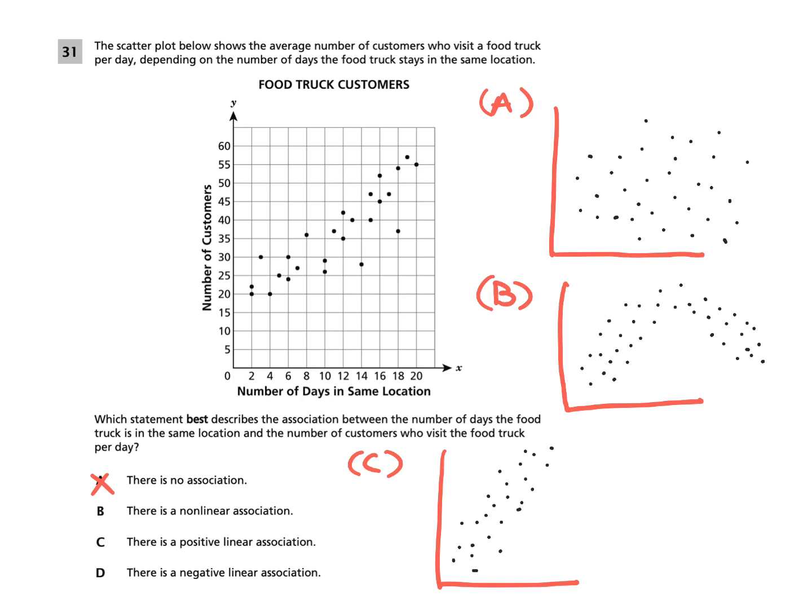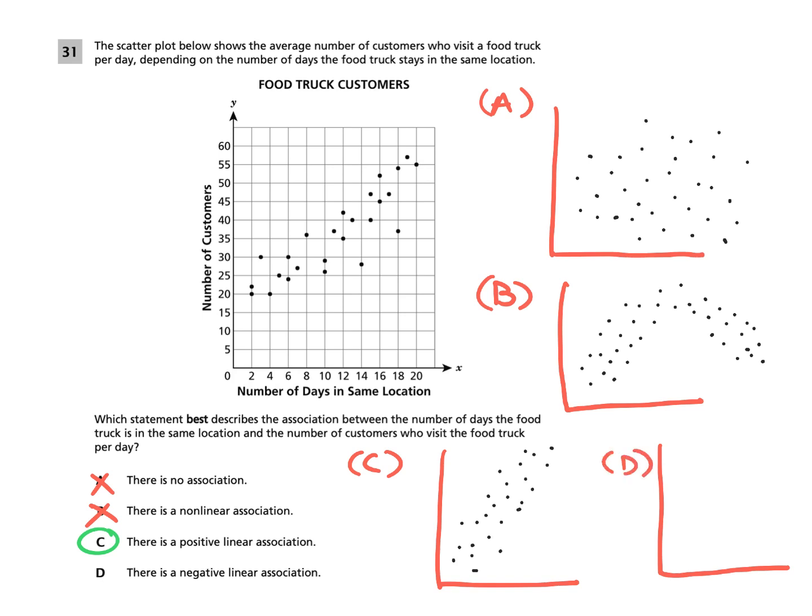All right, let's go back. Let's cancel B. And let's look at C and see that C really looks like what our food truck customers graph looks like. So C is the right answer. I'm going to give that the green circle. And D, I just want to show you for education's sake what this looks like, a negative linear association.